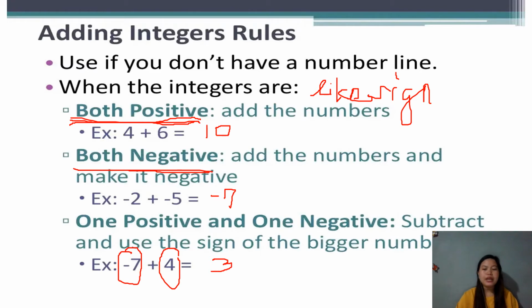Which sign do we use, negative or positive? We copy the sign of the bigger number. Which is bigger, 7 or 4? 7, right? And the sign of 7 is negative, so the answer is negative 3.